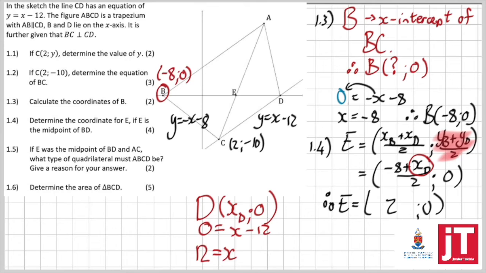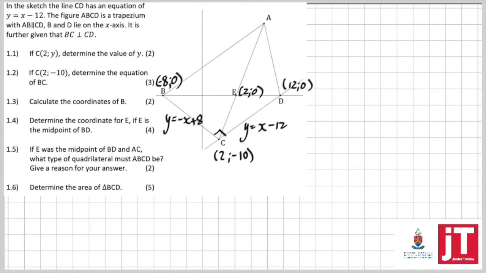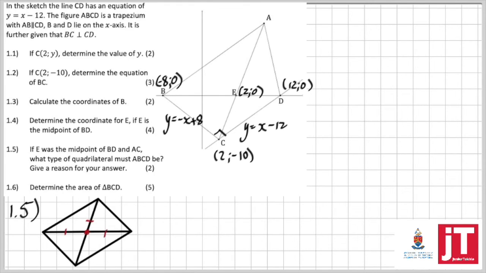Now let's look at the last two questions. If E was the midpoint of BD and AC, in other words, if the diagonals bisect each other.